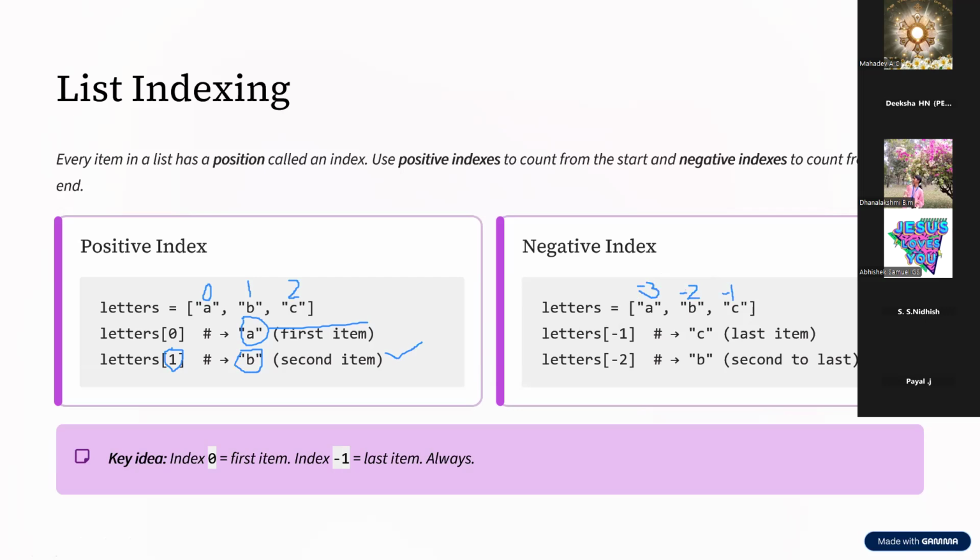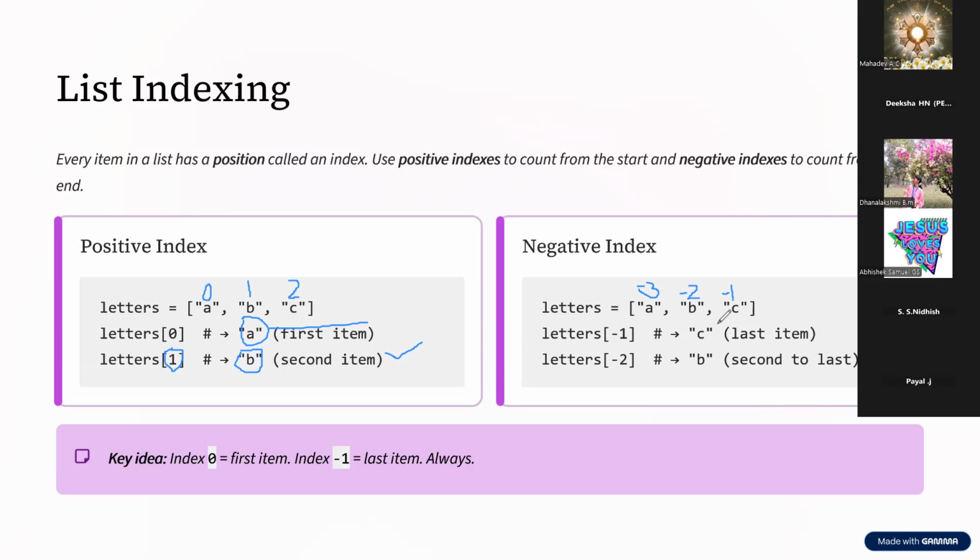You should remember the number line. You guys know the number line. So it's very easy for you to remember indexing in both of these. C has the position number -1, B has the position -2, and A has the position -3.